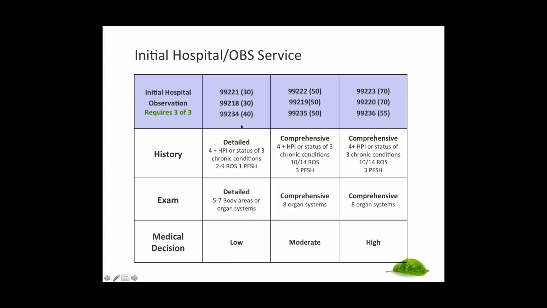The biggest difference with these different levels is going to be pretty much the decision making. And you can see if information is not at a comprehensive level, it's going to go down to the lowest level. And I do have a slide in here that talks a little bit about what if it's lower than that. But most importantly, you have to have 3 out of 3 in order to use one of these codes.